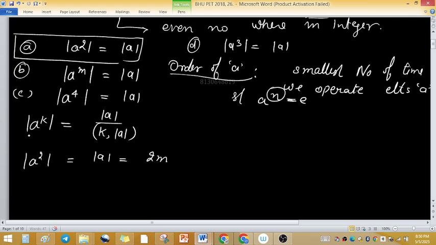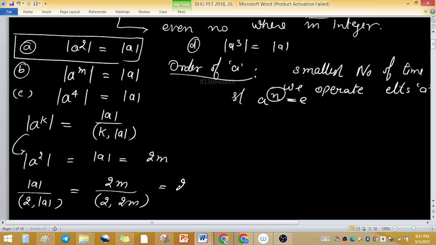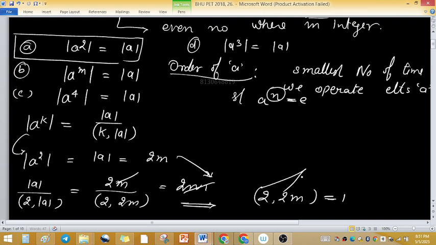Now we can apply this formula: 2m upon GCD of 2 comma 2m equals 2m, which is the right hand side. So 2m cancels out by 2m. This implies that GCD of 2 comma 2m equals 1. But this is not true because 2 is a common factor. So option A is wrong.